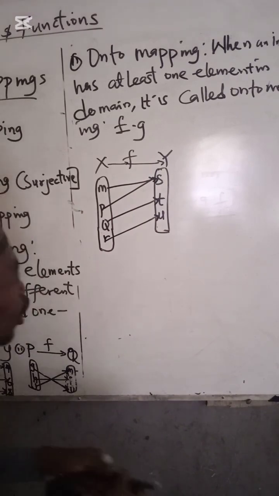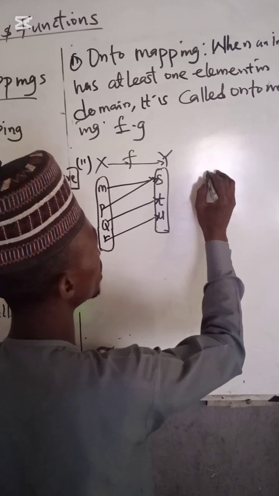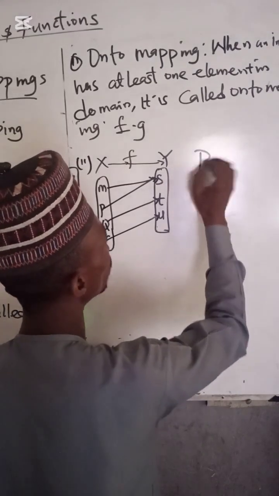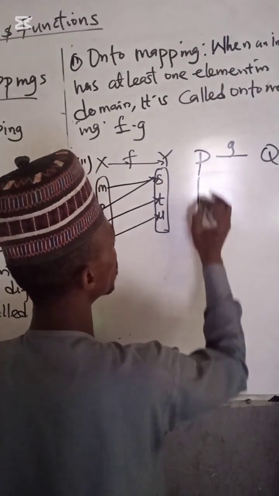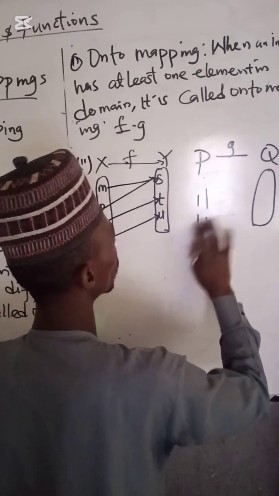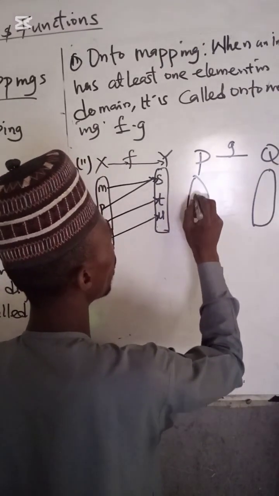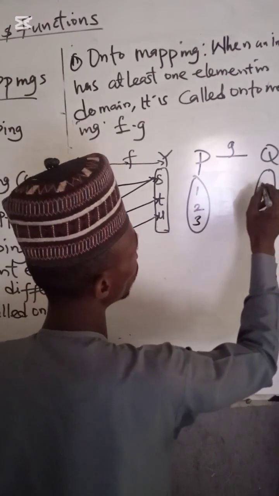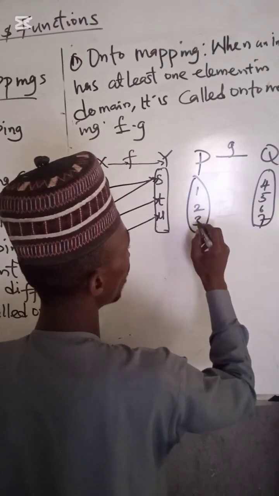Now, the case you cannot have, let's see the second one, please. The second one, let's say we have this relation again, P, Q. Let's say here is G. Let's say we have this relation. Now we have 1, 2, 3, 4, 5, 6, 7.